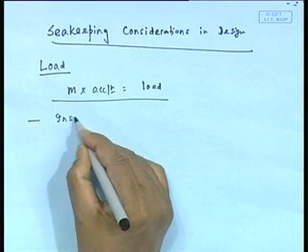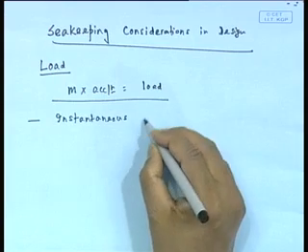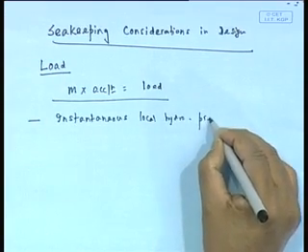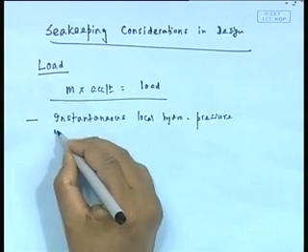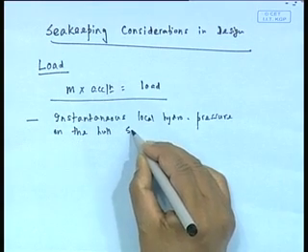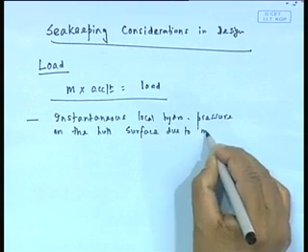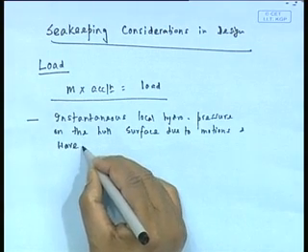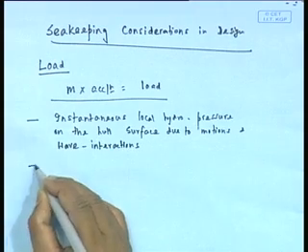He may want to know instantaneous local pressure on the hull surface, due to motions and wave interactions. This is just for completing this part, because the load part is also important.